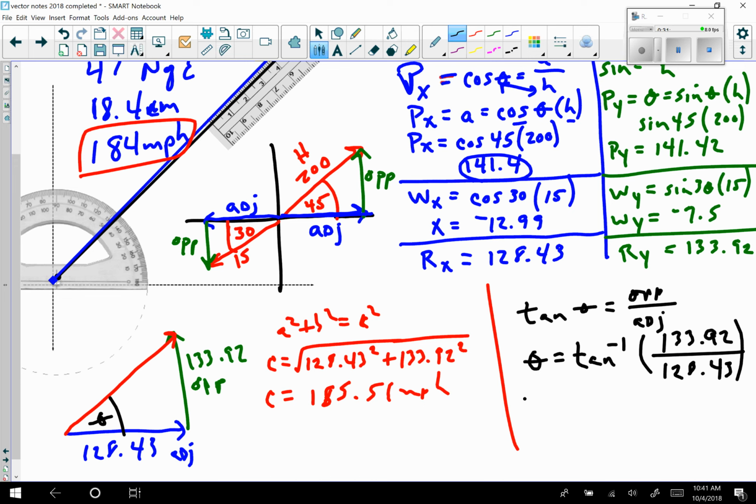And the answer you get for your theta ends up being, I don't know, somewhere in the general vicinity of 46.2 degrees. And we got 47 when we did it with our protractor, so we weren't too far off. Now watch this. The blue line went east first and then went north of it. So the way you say that is 46.2 degrees north of east.